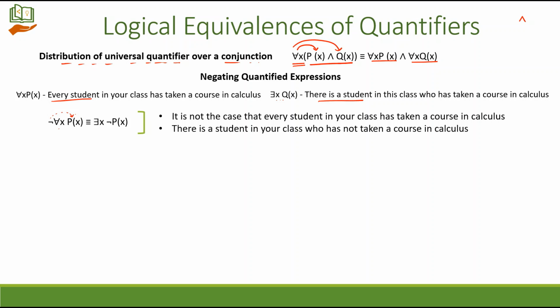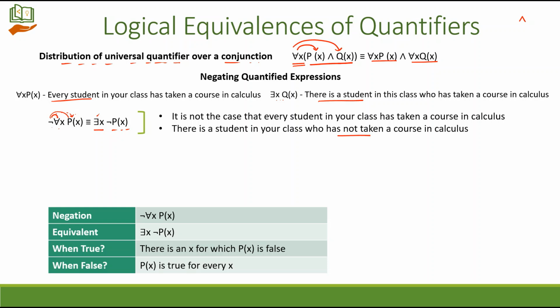There is a student in your class who has not taken a course in calculus. So when you negate the universal quantifier, it changes to the existential quantifier, and this negation will be passed on to p of x. Here it is every student has taken. Negation of p of x will be has not taken.